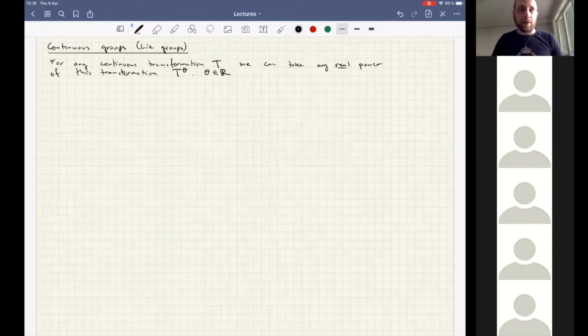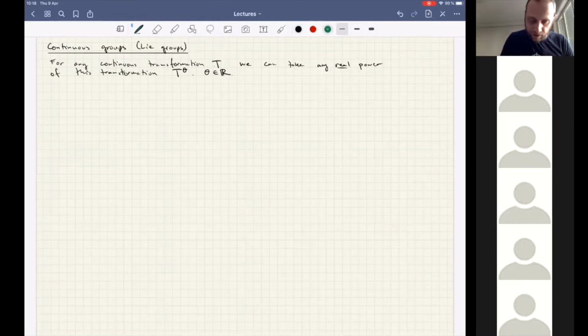So for example, taking theta equal to 0 will be the identity transformation because we're not doing anything. Taking theta to be pi, if T is a translation by some fixed length L, then T to the pi is making a translation by pi times that length.